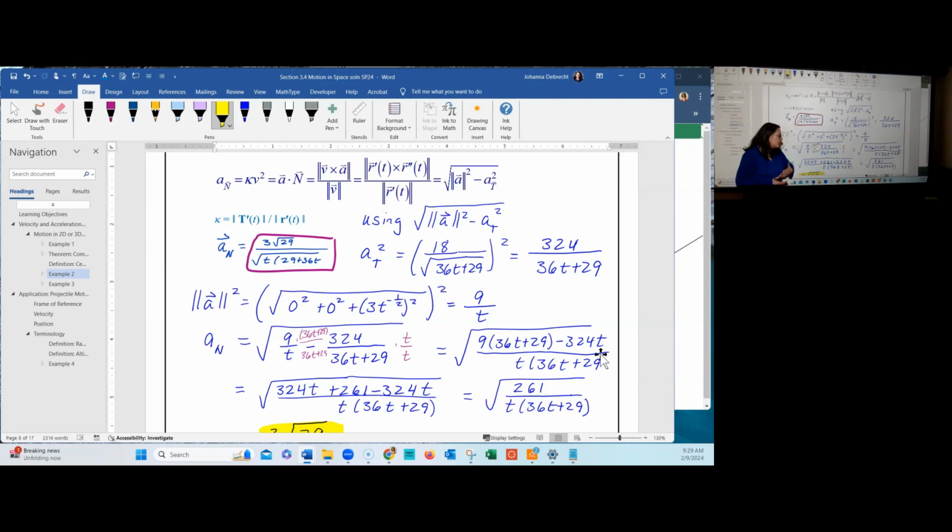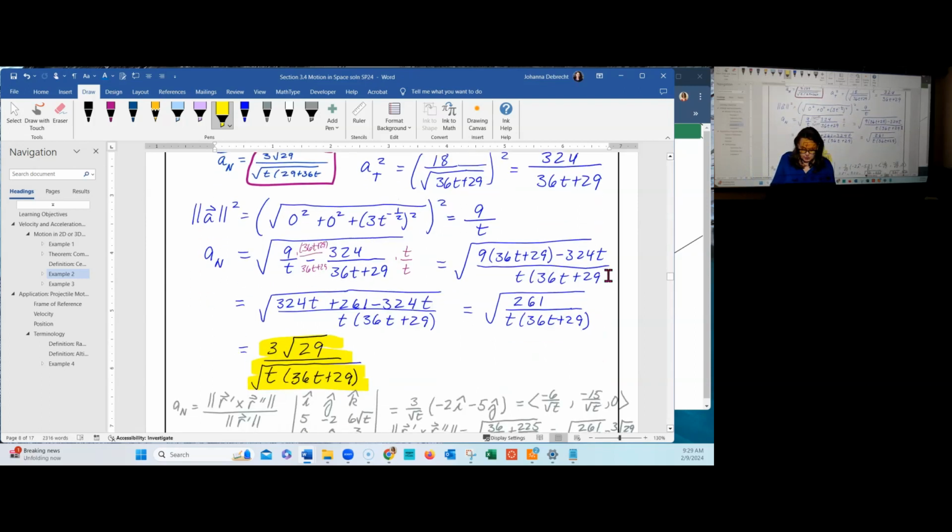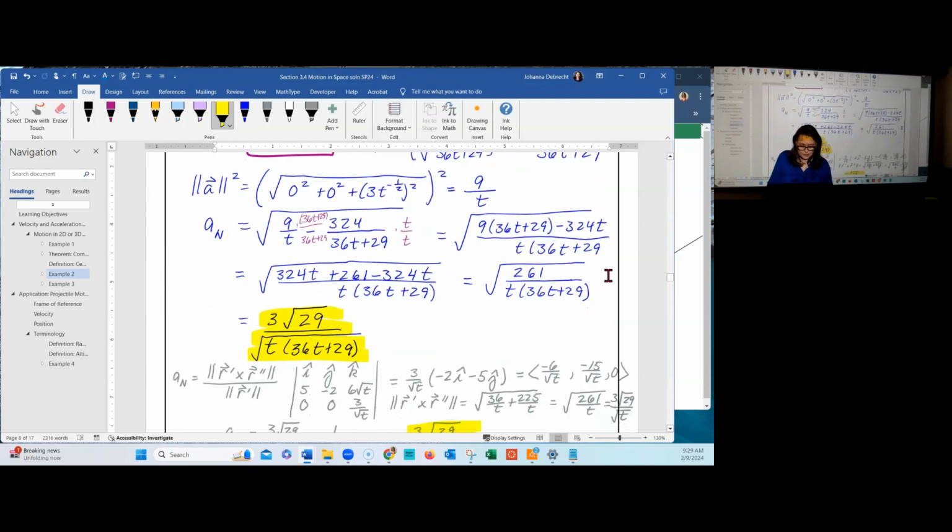So those terms cancel, and I'm left with the square root of 261 over the common denominator, monomial factor t multiplied by binomial factor 36t + 29. Now, 261 can be reduced because it's 9 times 29, so it becomes 3 square roots of 29, and I've highlighted the solution in yellow.